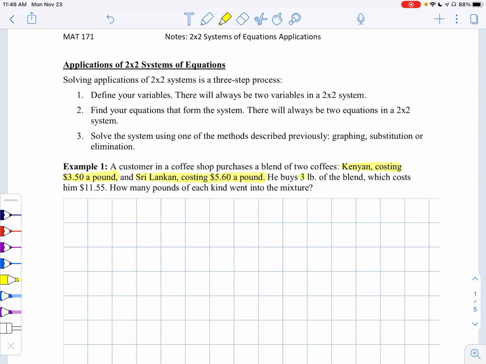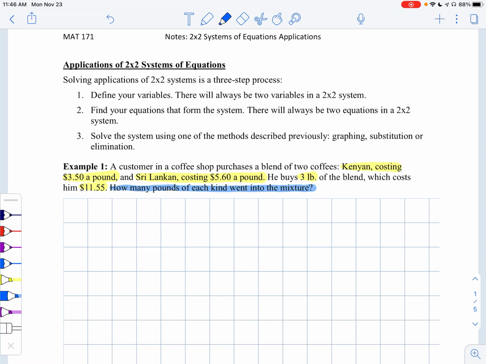He buys 3 pounds total, which costs him a total of $11.55. Now the question it's asking us is how many pounds of each kind went into the mixture?